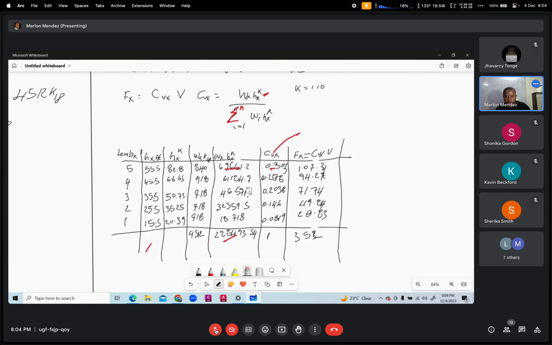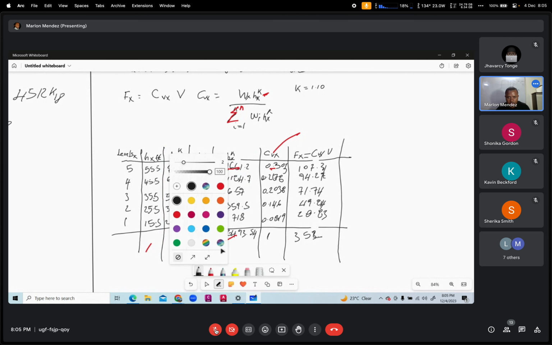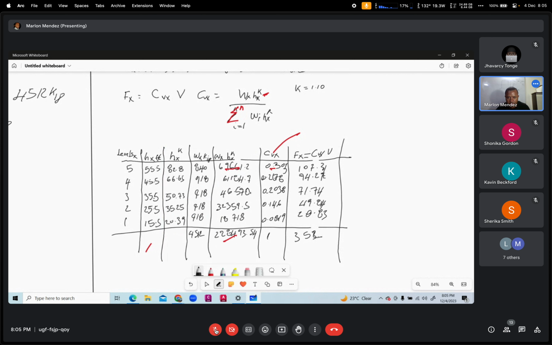So this is supposed to be 0.14. But what I want you to do is go back through it and have a fair enough understanding. But I think this is pretty straightforward. All right, good. So that's it for that.